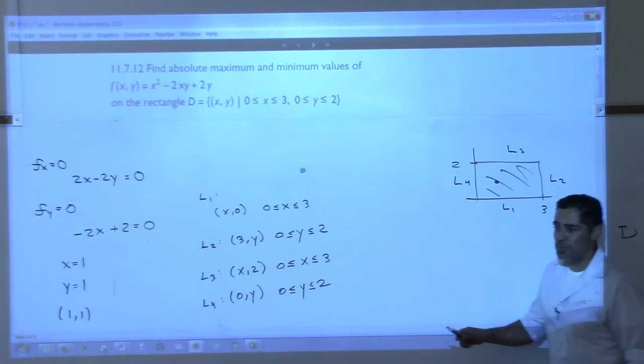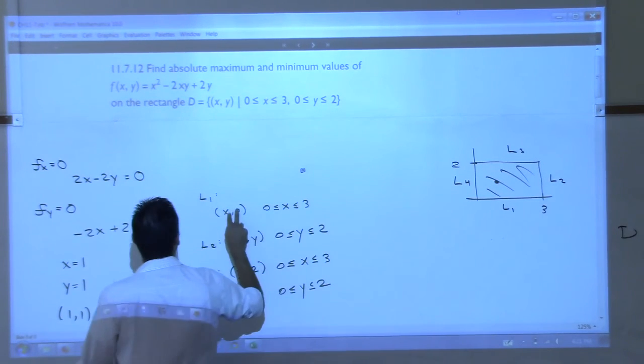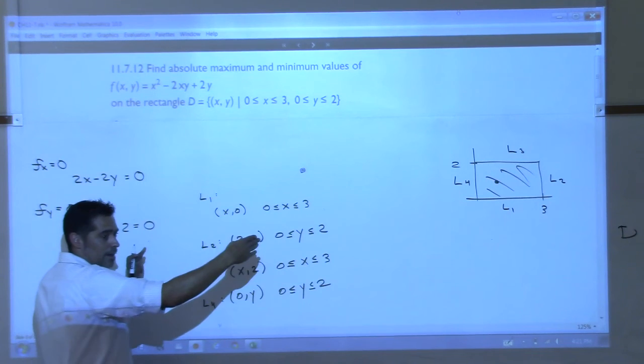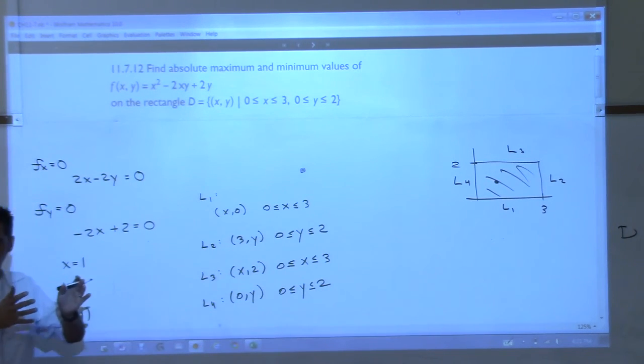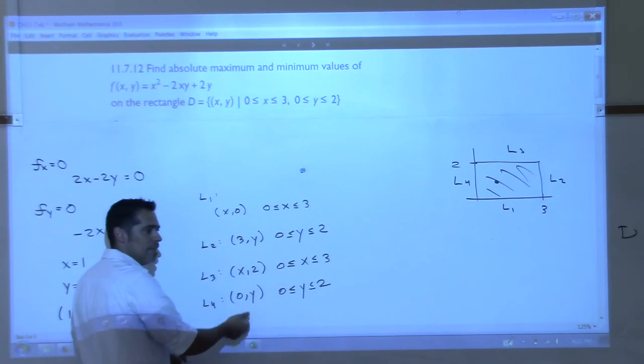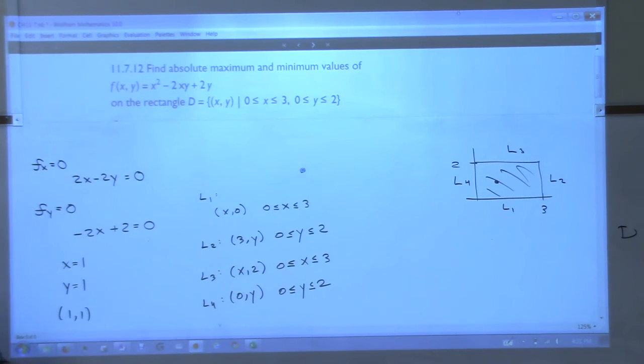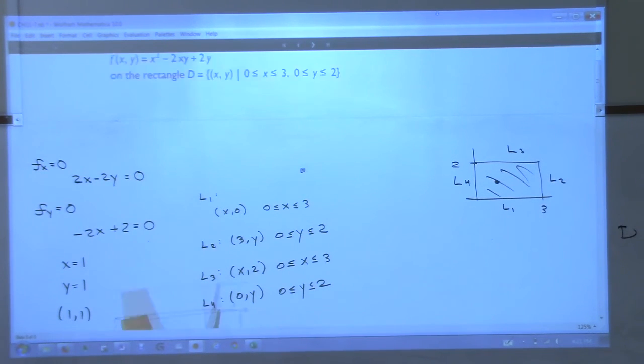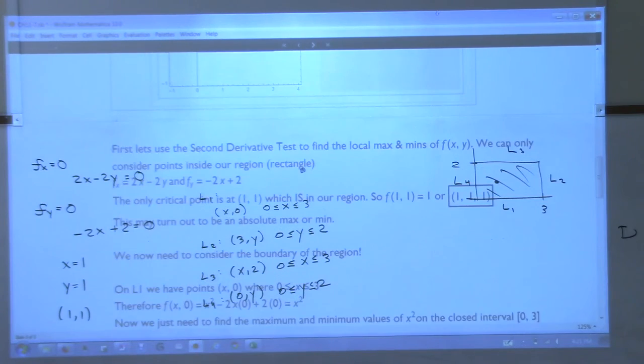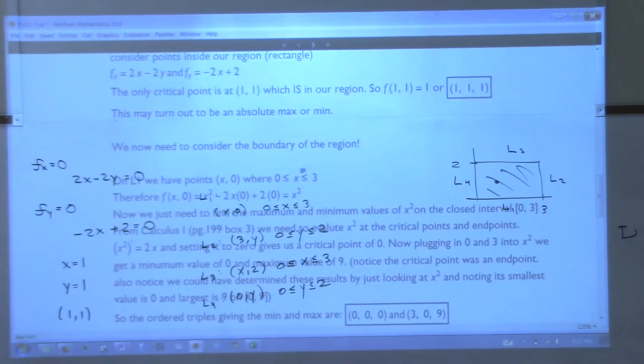And then we have to take each of these, right? Plug it in there, figure out what we're looking at, find the max and min on a closed interval. This, same thing, same thing, same thing. I believe in the notes, if I'm not mistaken, all of this is done for you. Like I do it here.